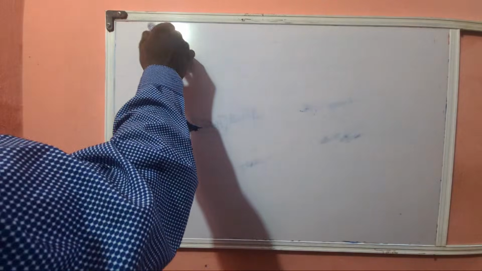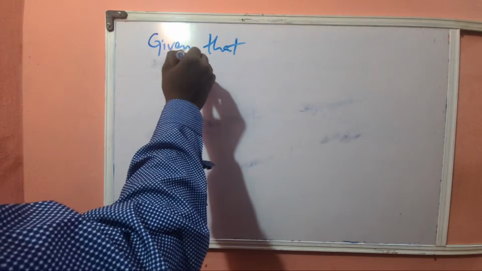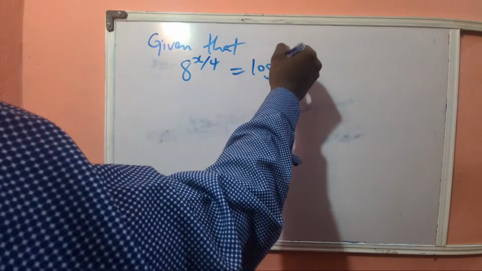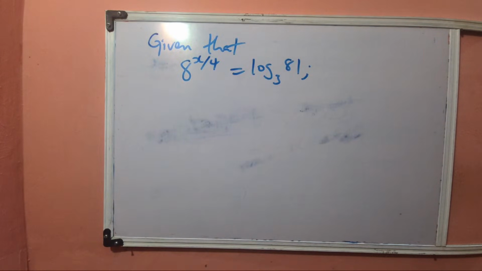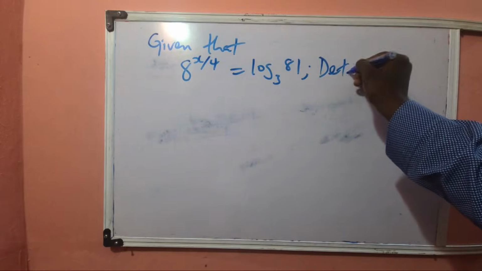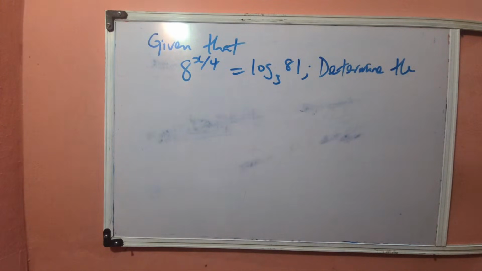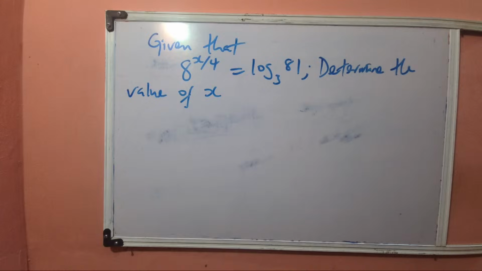Given that 8 raised to x over 4 is equal to log 81 base 3, the question then asks you to determine the value of x. All right? Determine the value of x.